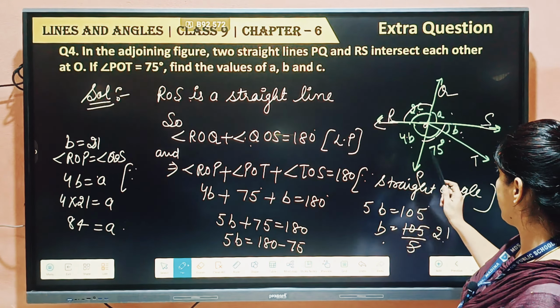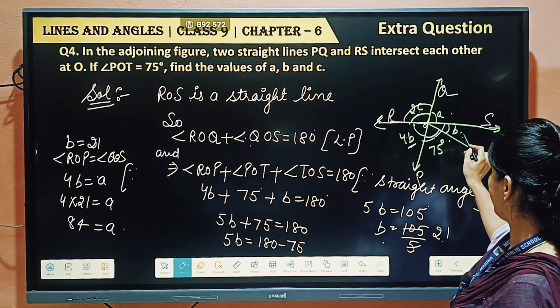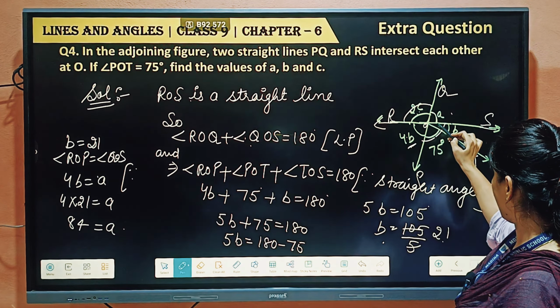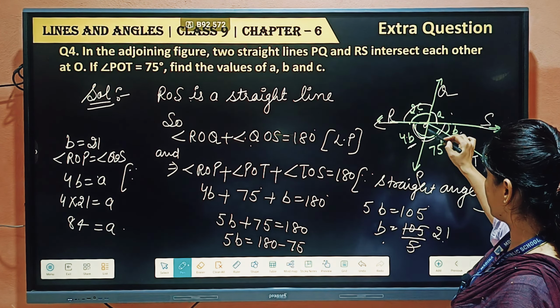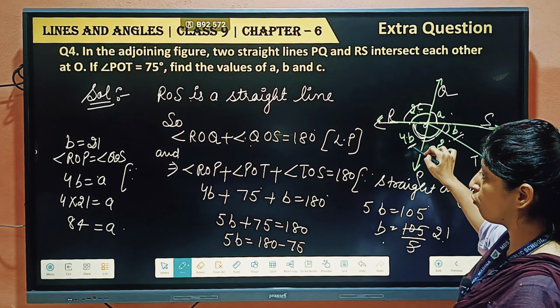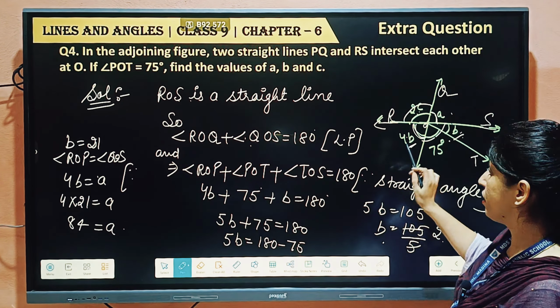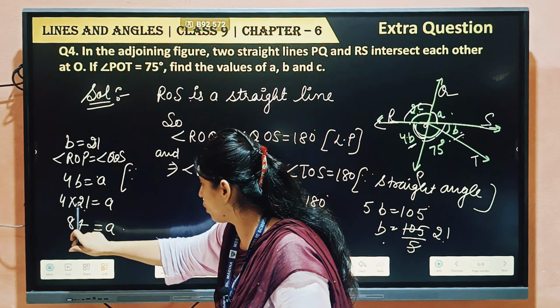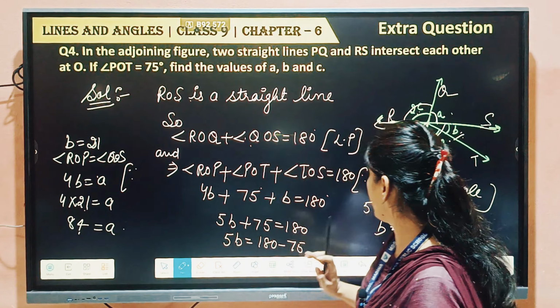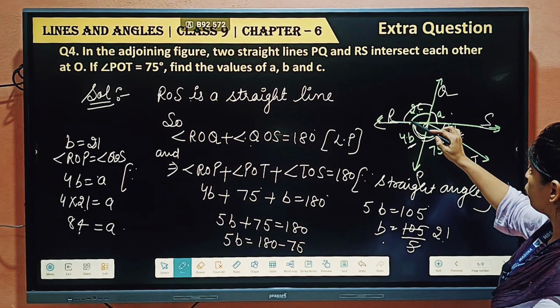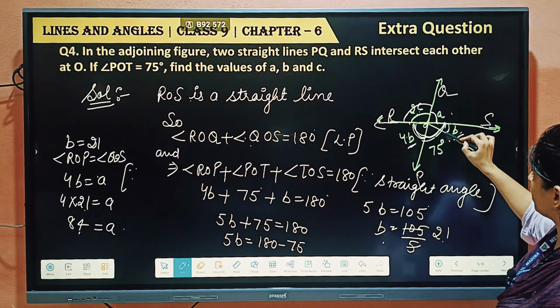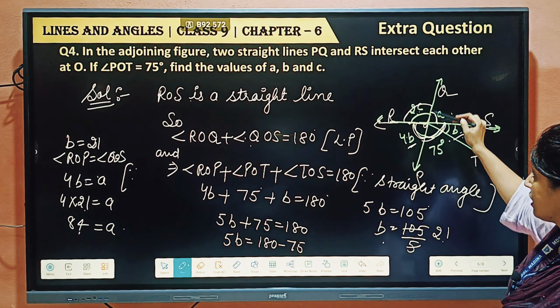B value came 21. We will put the B value here and here. These are vertically opposite angles, so angle A equals 4B. Putting B value 21, 4 into 21, 84, A value came 84. Now this four is equal to this four, these two are vertically opposite angles because these lines are intersecting.